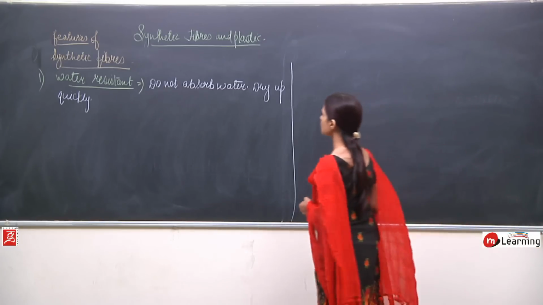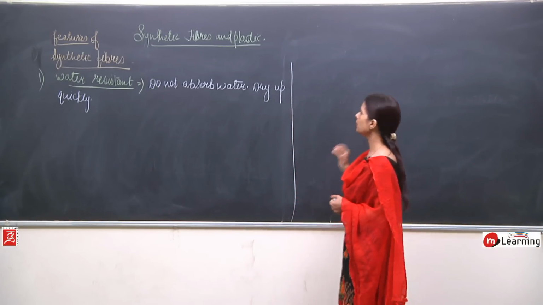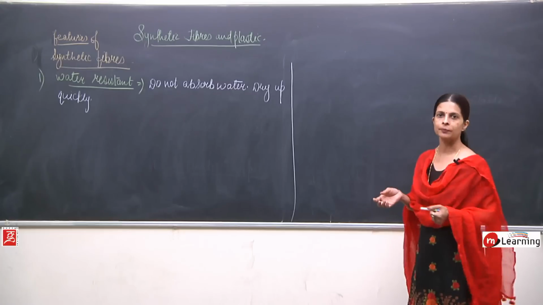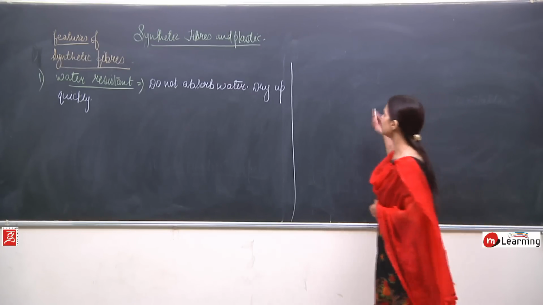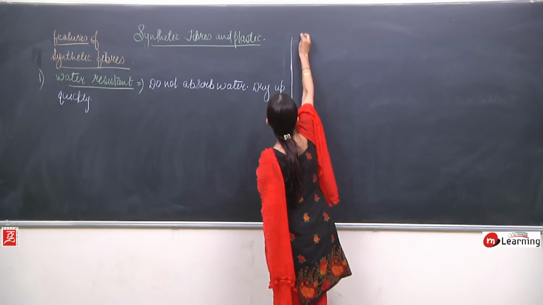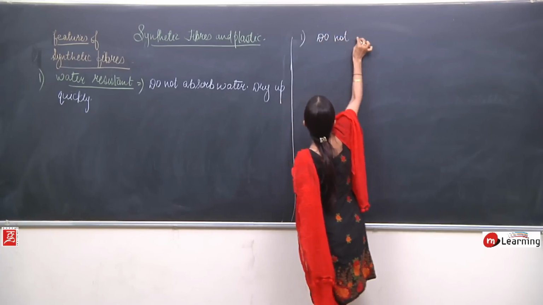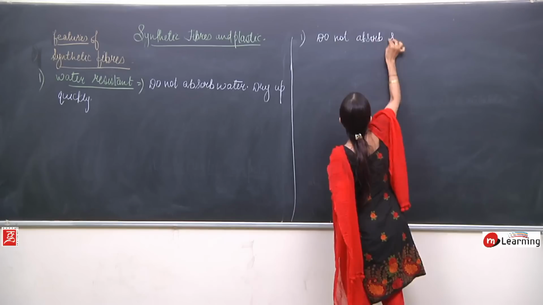So this is the first feature, that these are water resistant, that means they do not absorb water and dry up quickly. What can be the negative part of this? The negative part can be that they do not absorb sweat.